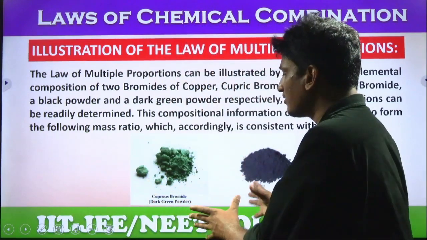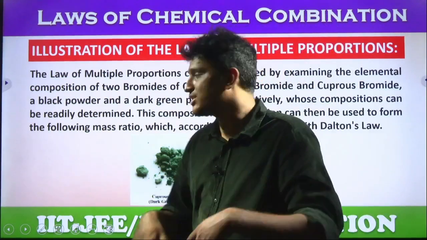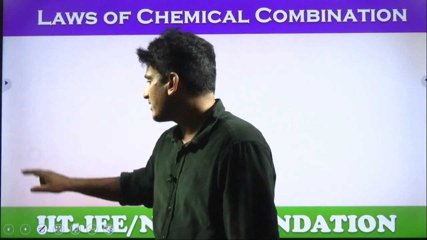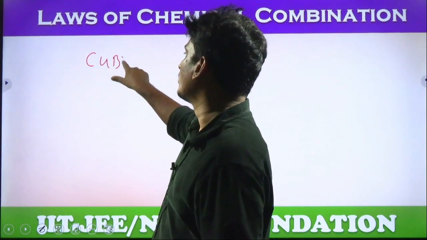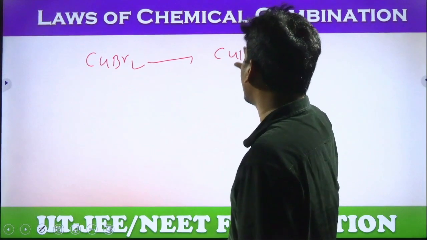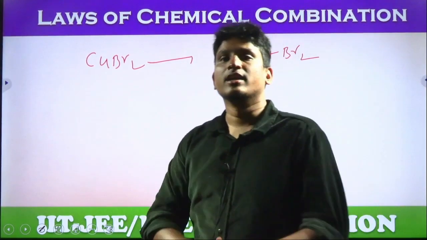So here also these two compounds with different colors, if you want to check the composition, we have a ratio to find the composition. For example, students, if you heat this cupric bromide, CuBr2, what we will get is cuprous bromide, and bromine gas Br2 will be released.